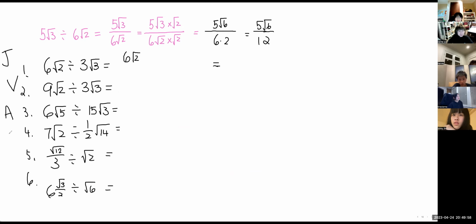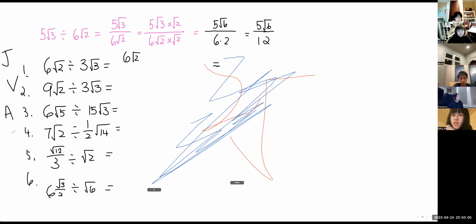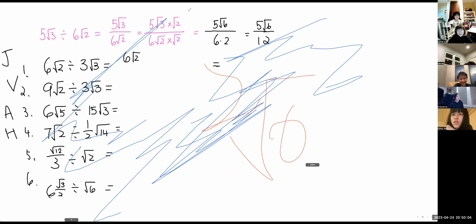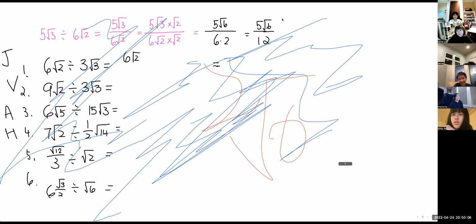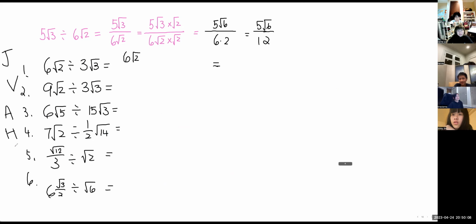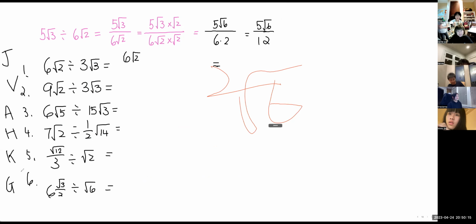Number 4 goes to Kelvin. This is you. Okay, so number 4 is Harvey. Number 5 is Calvin. Number 6 is Graciana. No, why do I get number 5? I just randomly pick a number.